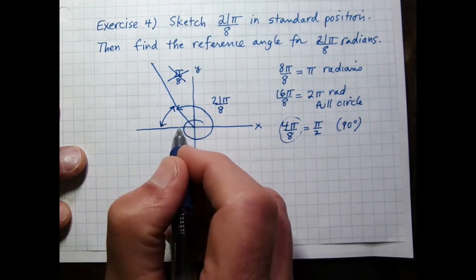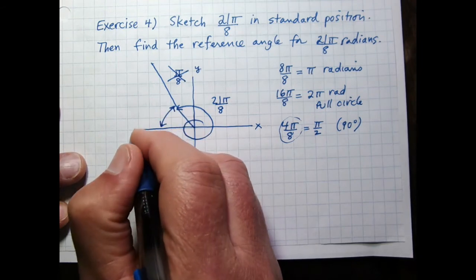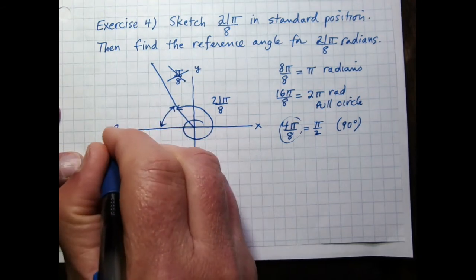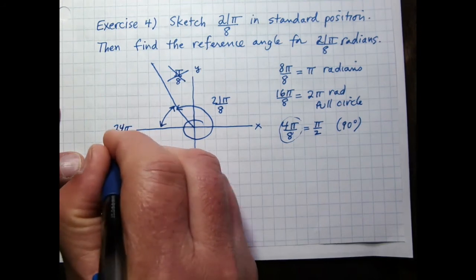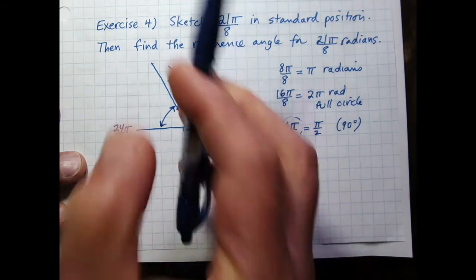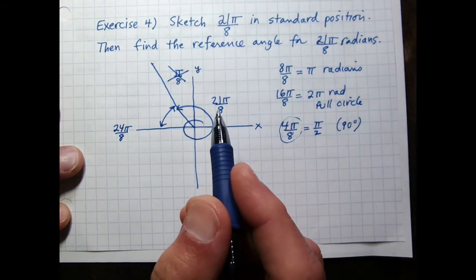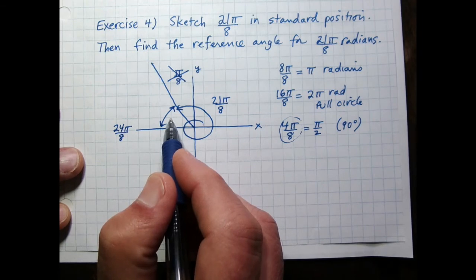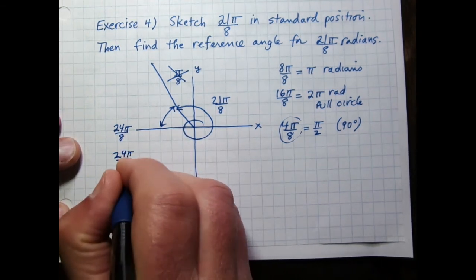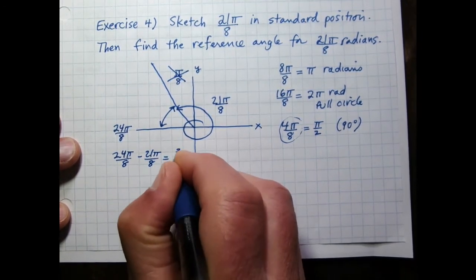It always touches the x-axis. So if I kept going all the way to the x-axis, that would take me to 24 pi over 8, right? Counting by 4s, I'd go from 20 to 24. So to get this reference angle, I take 24 pi over 8 minus 21 pi over 8, and I get 3 pi over 8.